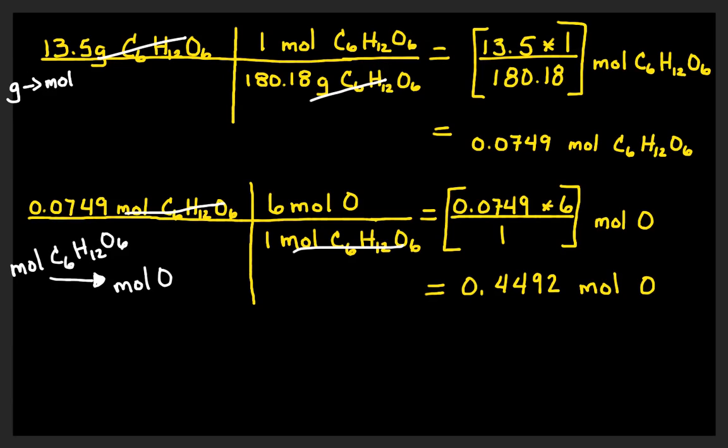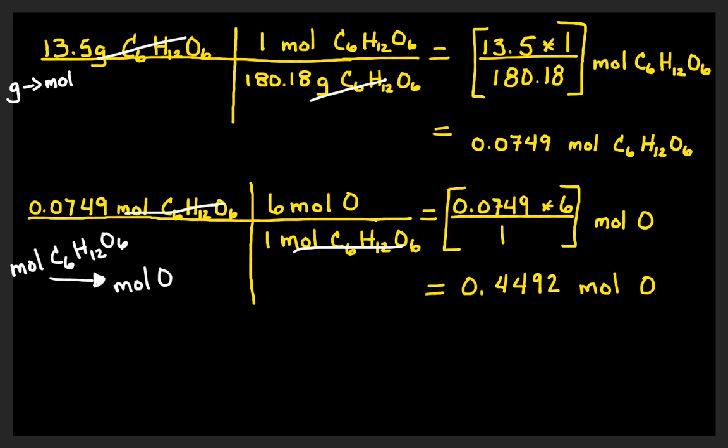Now I've determined how many moles of oxygen I have in a certain number of moles of glucose. But I was given grams of glucose, so first I had to convert grams of glucose to moles of glucose, then from there determine how many moles of oxygen I have.